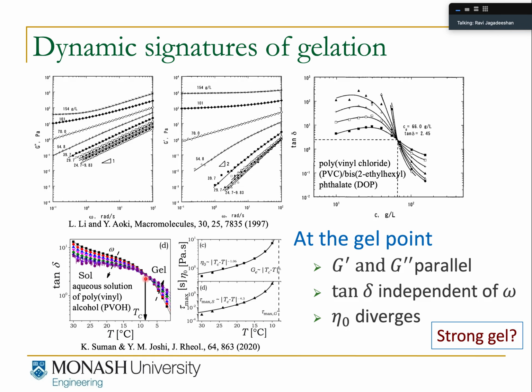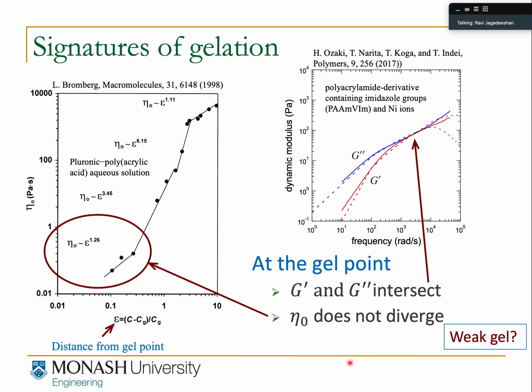In fact, Suman and Joshi also observe that the viscosity and the relaxation time, both of them diverge as one approaches the gelation point. And this one expects as the sol becomes solidified and into a gel, right? On the other hand, in what we think may be the so-called weak gel behavior, what is observed is that G prime and G double prime actually intersect each other rather than becoming parallel.